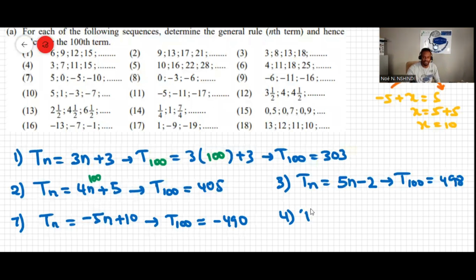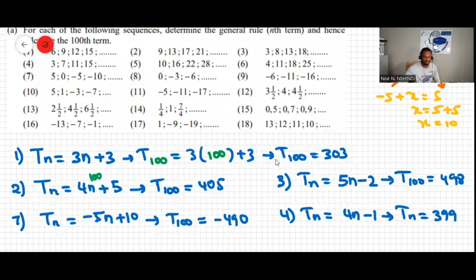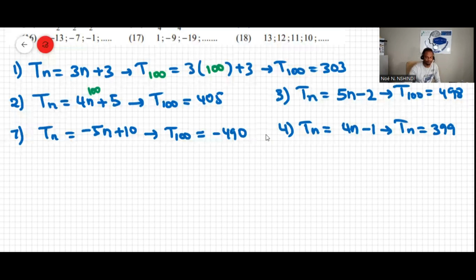So again, the constant difference is 4, so Tn is 4n. Now, if you have 4, to get 3, we do what? We minus 1. So T100 will be 400 minus 1, which is 399. Question 5.